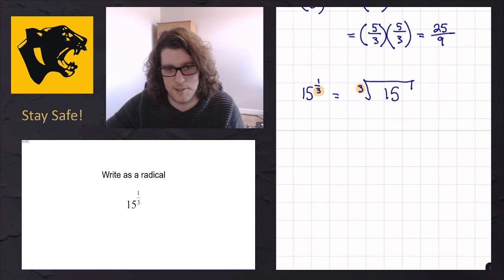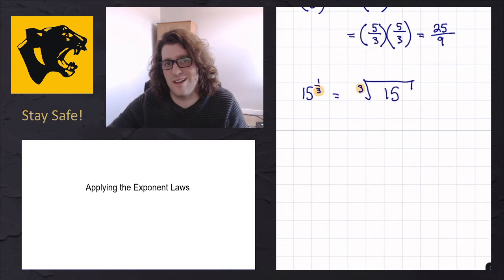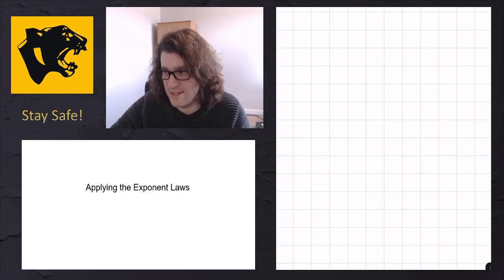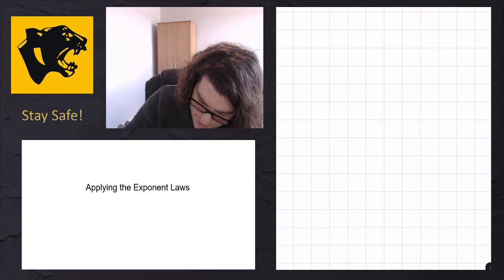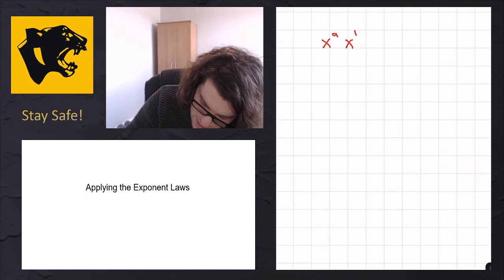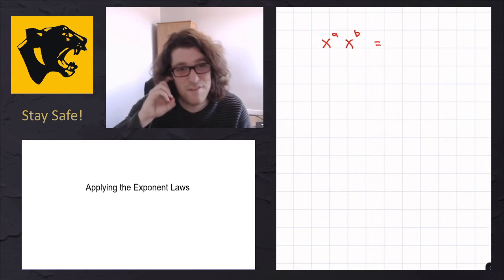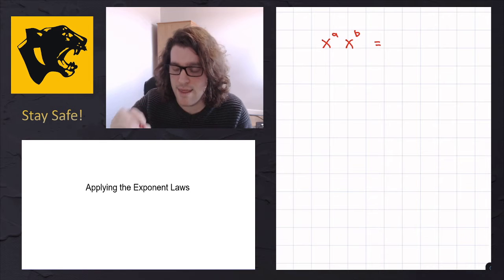All right, so we're going to now get into the idea of applying exponent laws. So our exponent laws are things like this. If I have x to the power of a times x to the power of b, they have the same base, so we add the exponents.